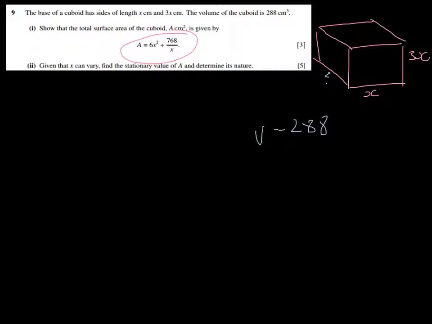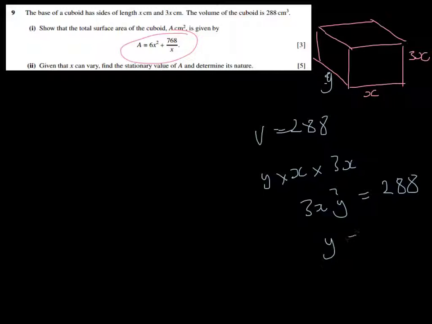So the volume of the cuboid, if I called that side there y or something, we know that y times x times 3x, okay, so 3x squared y, that would equal 288.